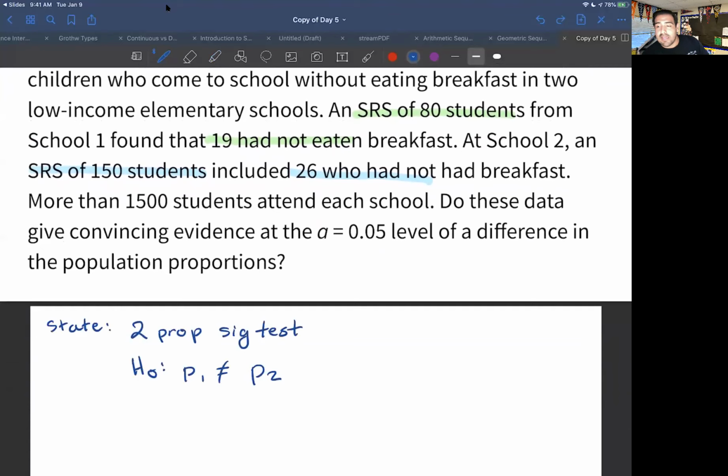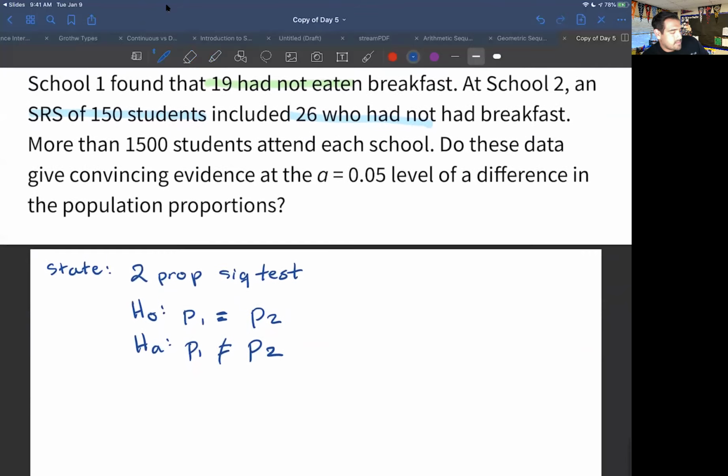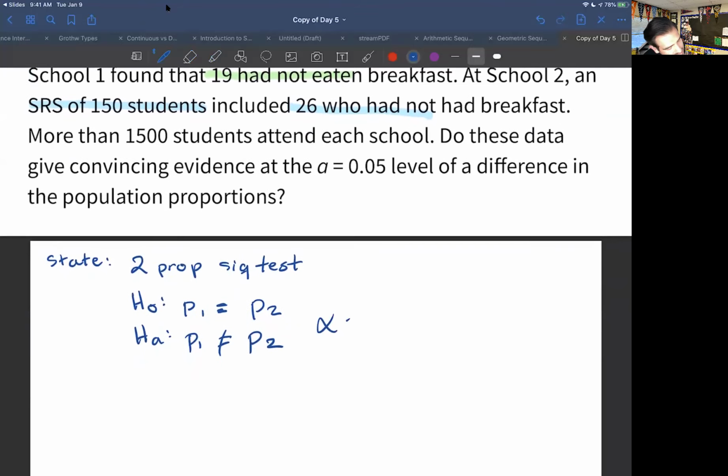I don't really need to write that out. Oh, I'm sorry. My null hypothesis is that they're the same. There's no difference. My alternative hypothesis is there is a difference. My significance level is 5%.